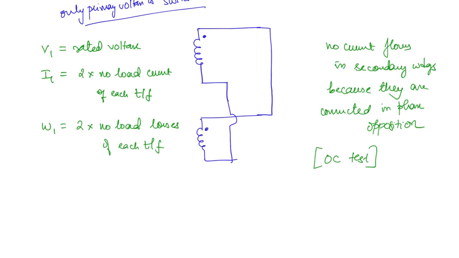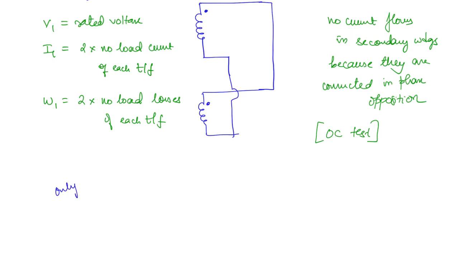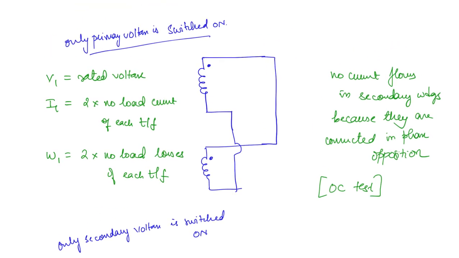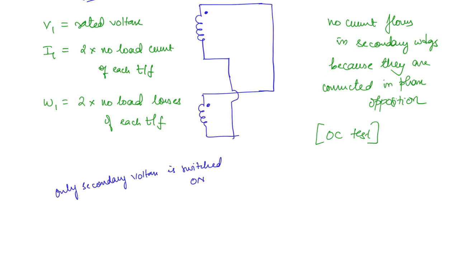So you can consider only when the secondary voltage is switched on. Remember, this is by superposition, which means the other source will be shorted. So what is going to happen?